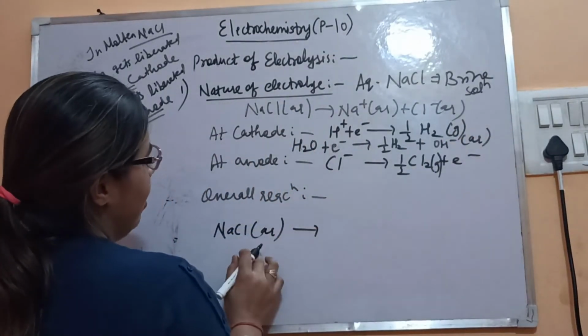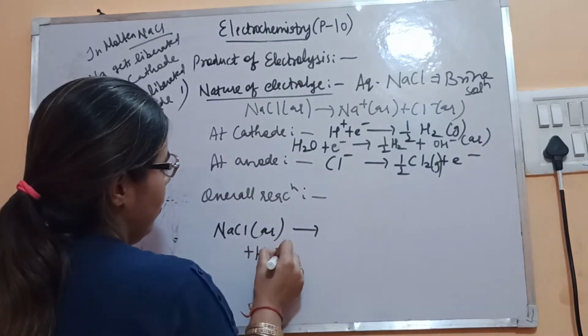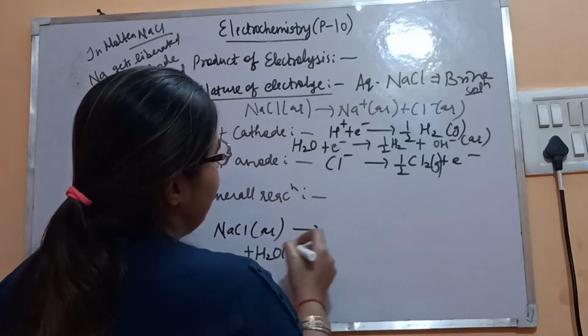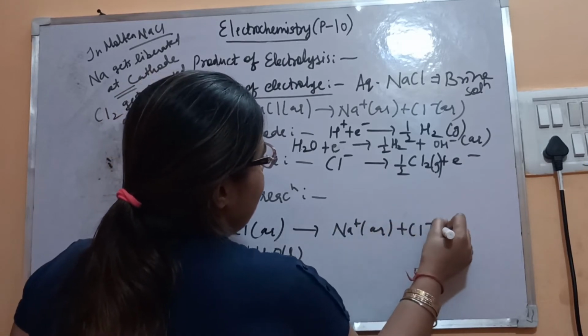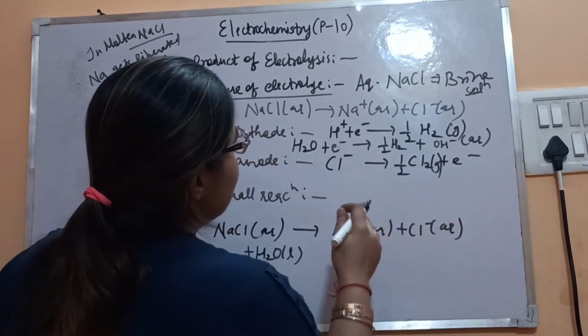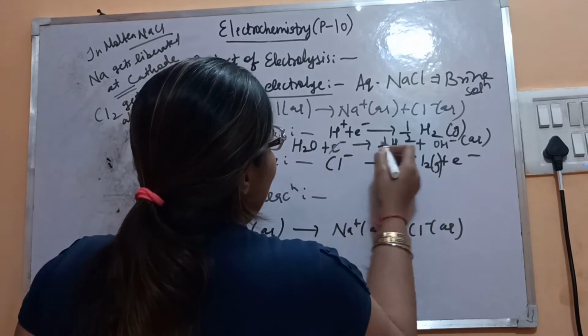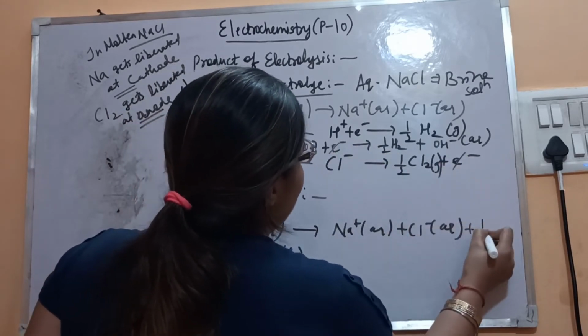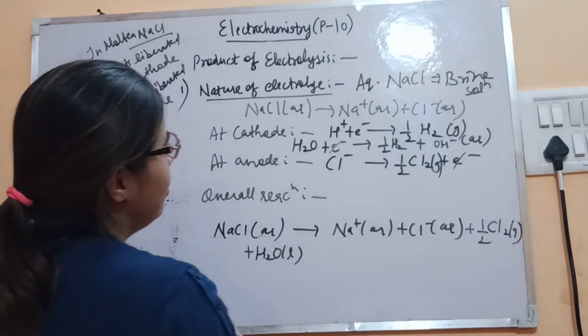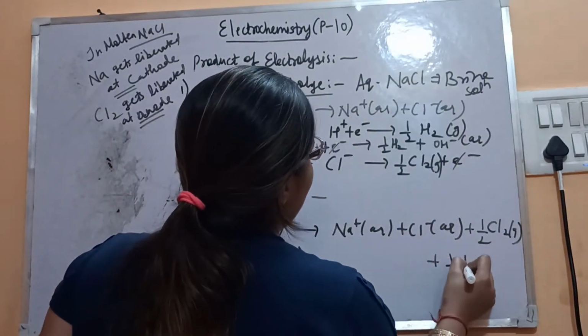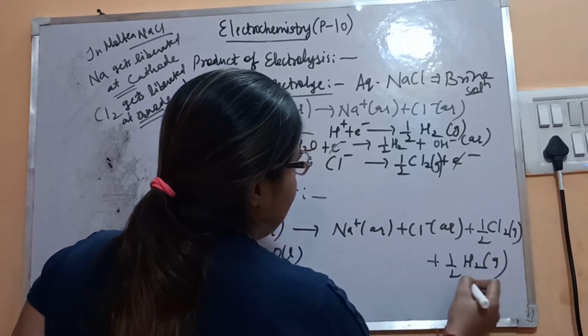So here NaCl plus water, fine, gives us Na positive aqueous, Cl minus aqueous, H plus electron will get cancelled out. Then we'll be left with the half chlorine. This chlorine will get cancelled out, and half hydrogen gas.